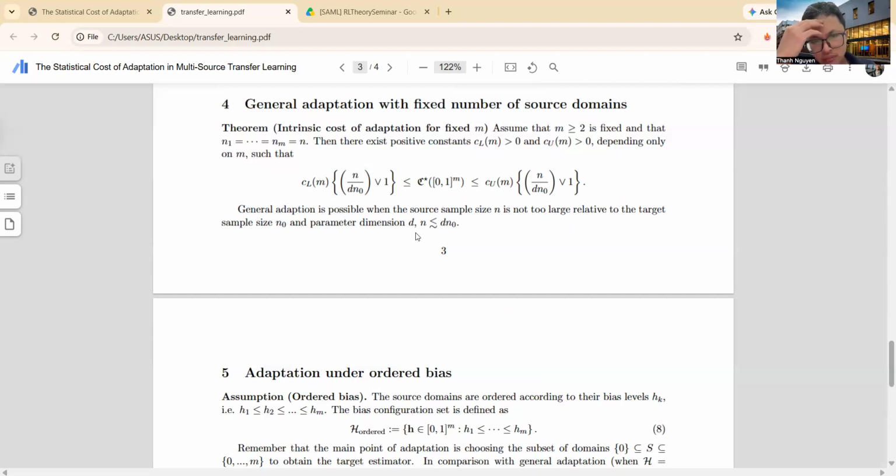But it doesn't say how the number of source domains affects the adaptation, right? They don't know CU and CL. They're just constants that depend on M. But is it polynomial in M or what? Because in that setting, M is fixed, so it's not a variable. I see.